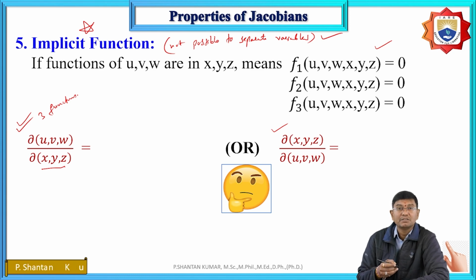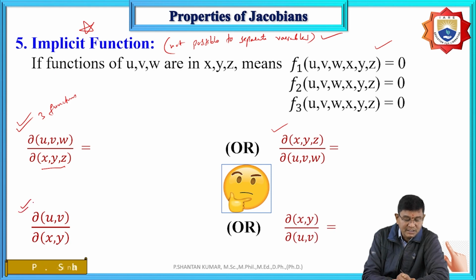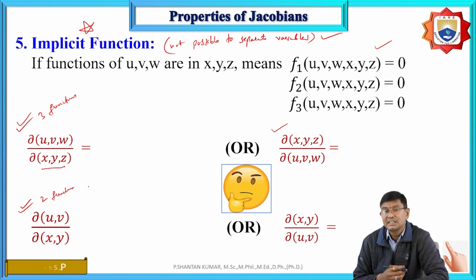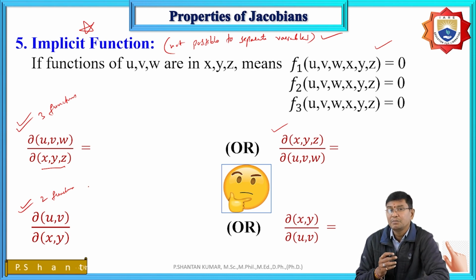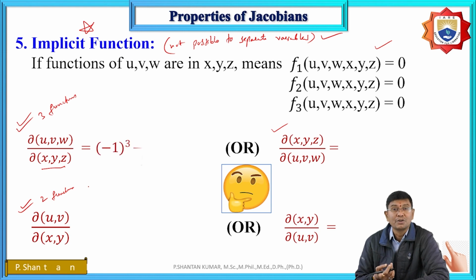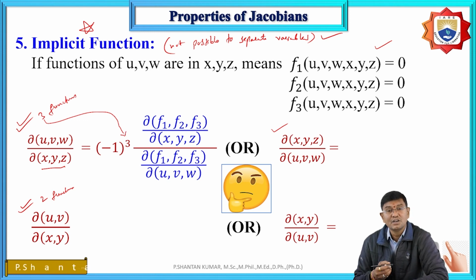Similarly, two functions, like u, v, are nothing but two functions, and u, v, w are three functions. For u, v, w, which is three functions, we need to remember minus 1 whole cube. In the given equation it is three functions, so it is minus 1 whole cube.